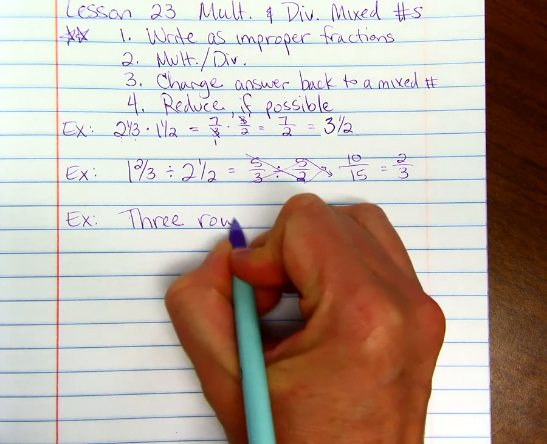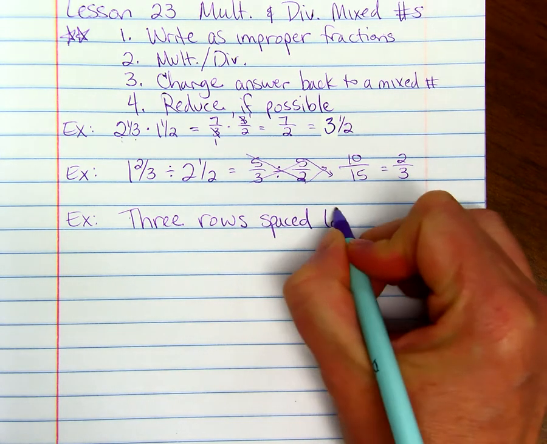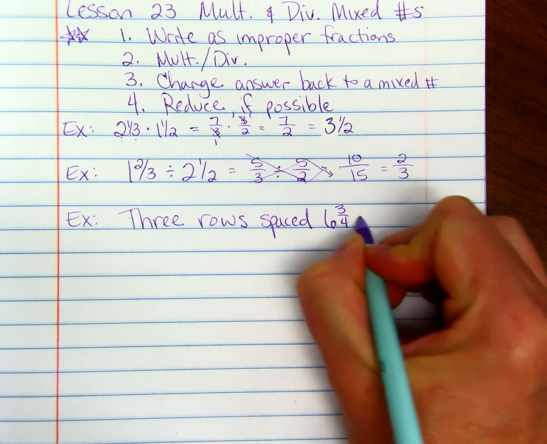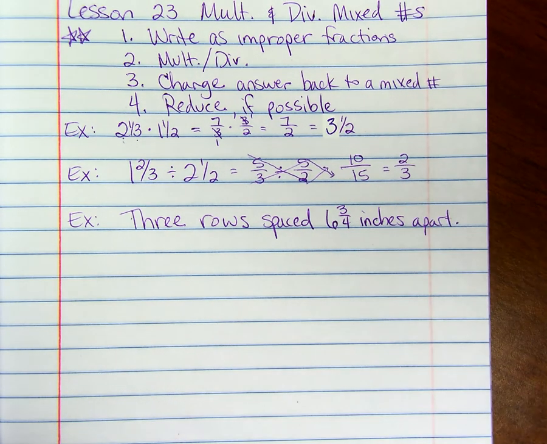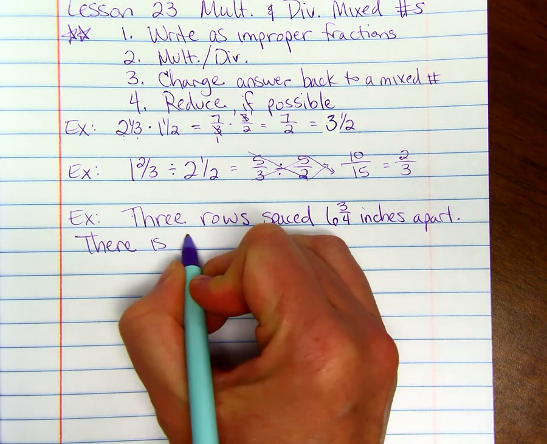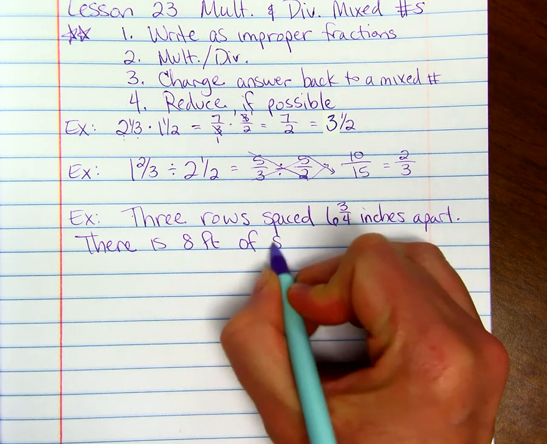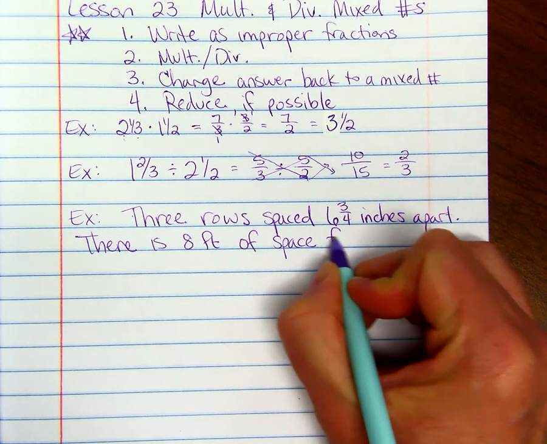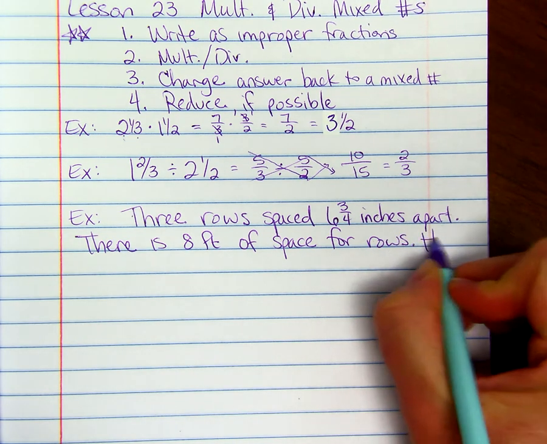So we'll say 3 rows spaced 6 3/4 inches apart. There is 8 feet of space for rows. How many rows can be planted?